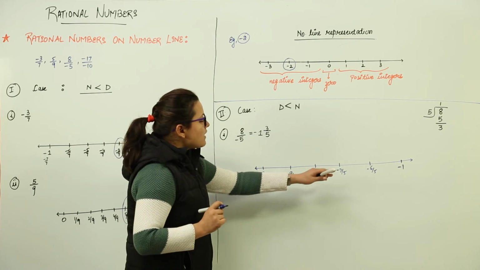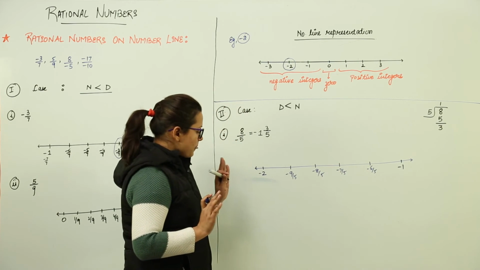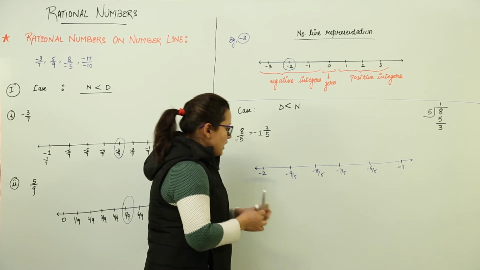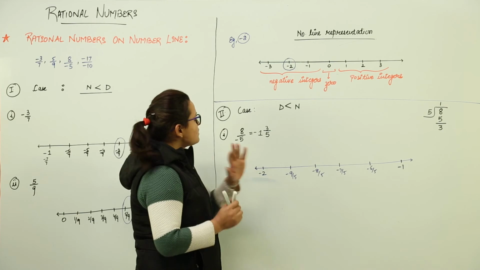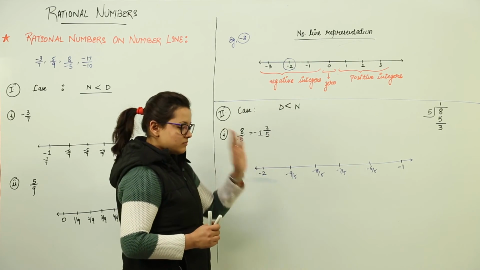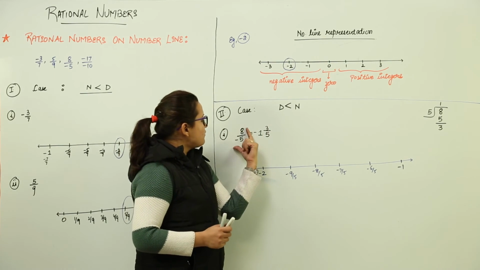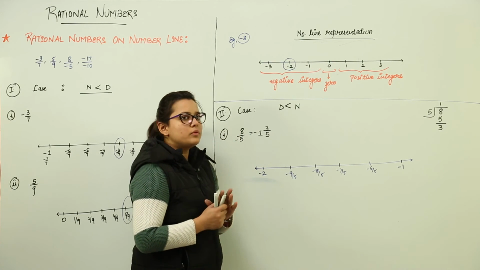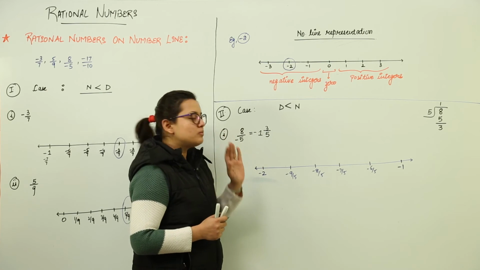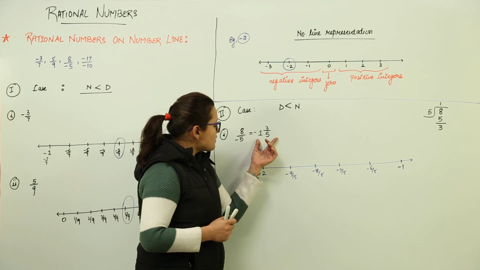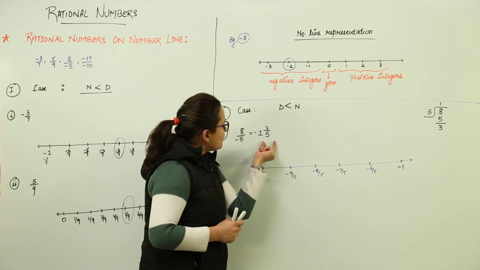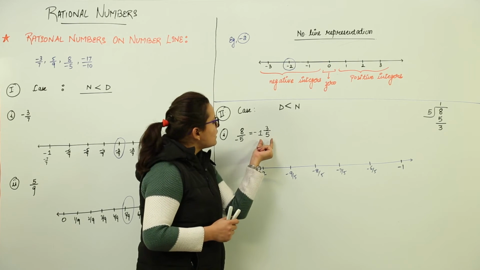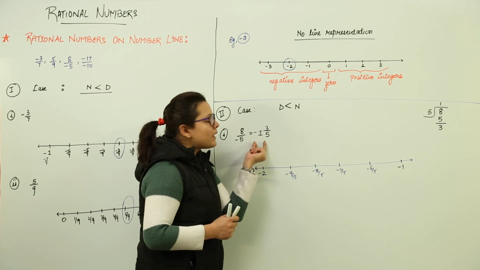Now why have I started with minus 6? See, I made a line. First of all, let us forget all this. First of all, I had a fraction. I noticed its denominator is less than its numerator. I immediately converted it into a mixed fraction. Now this mixed fraction shows that the number will be lying somewhere at a position more than minus 1.